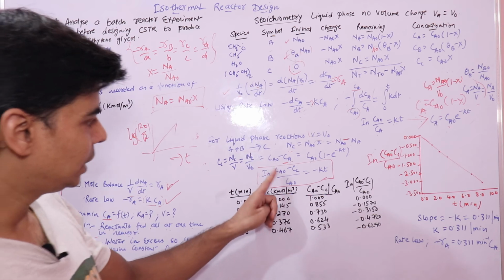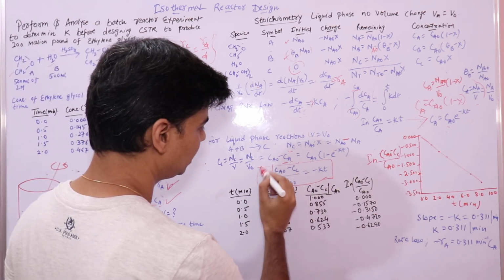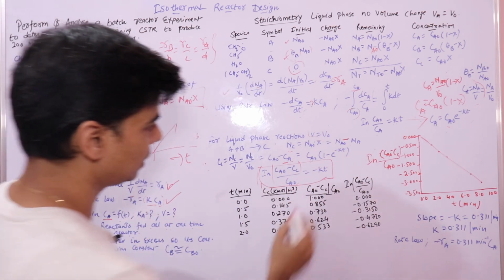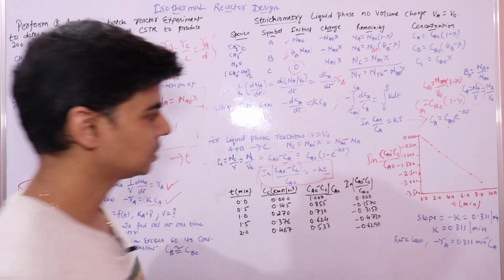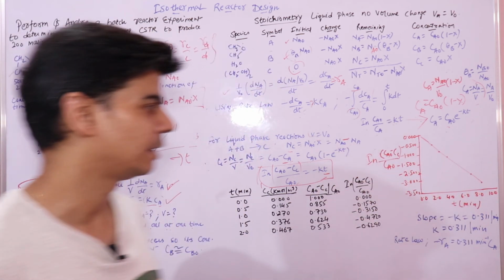Similarly here, you take this term on the y-axis and t on the x-axis. This is the graph. Again you got a straight line, right?